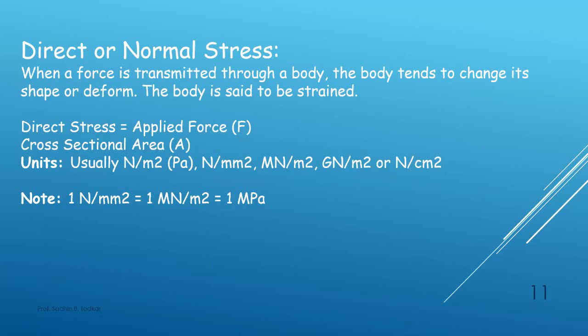The body is said to be strained. Now, in layman's language, when someone troubles us, we say we are stressed. Okay, direct and normal stress. So the same case is there with materials also.